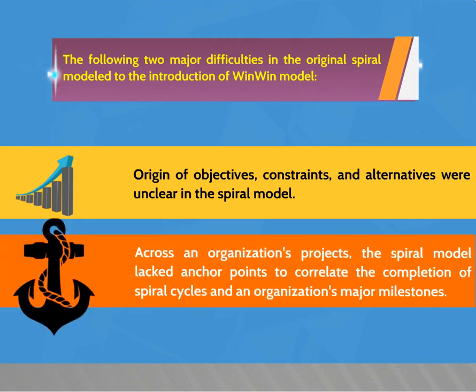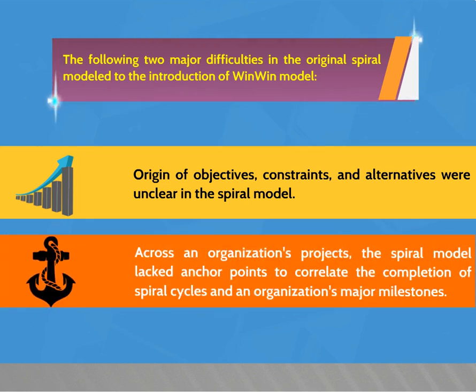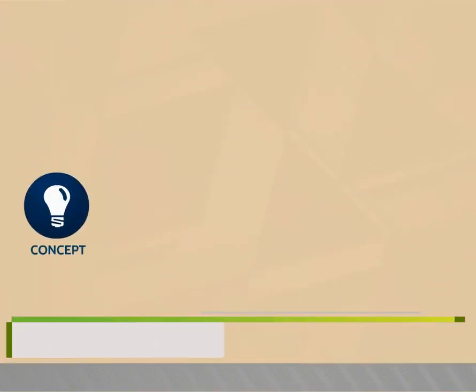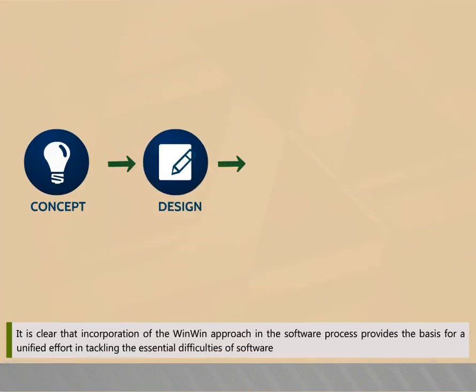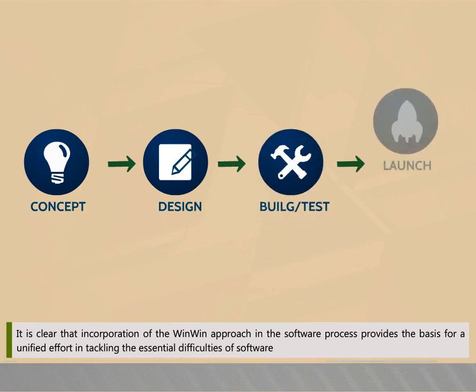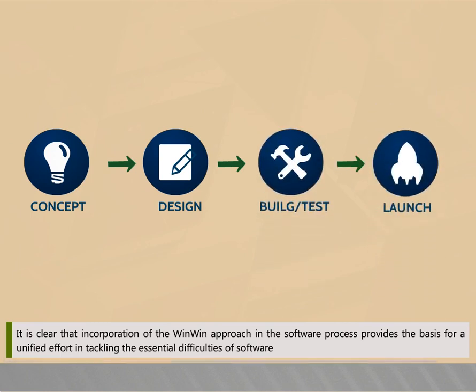Across an organization's projects, the spiral model lacked anchor points to correlate the completion of spiral cycles with an organization's major milestones. It is clear that incorporation of the win-win approach in the software process provides the basis for a unified effort in tackling the essential difficulties of software.